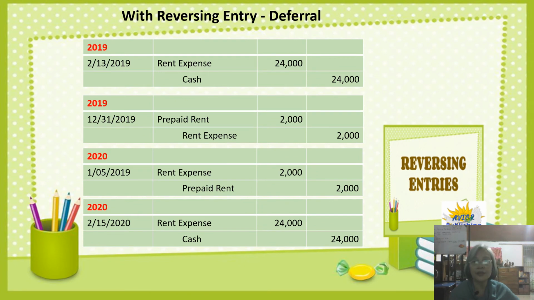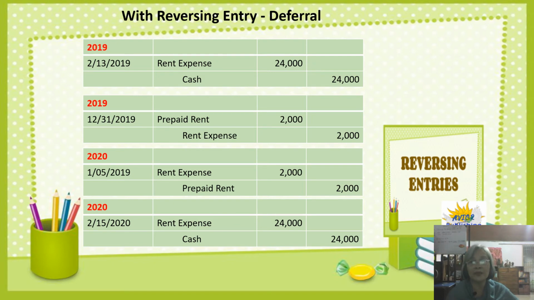So, we are going to discuss the reversing of entries in deferrals. Kanina, accrual. Ngayon, deferrals naman. Ito yung advance collection of income or advance payment of expense. We're going to take the example of the advance payment.